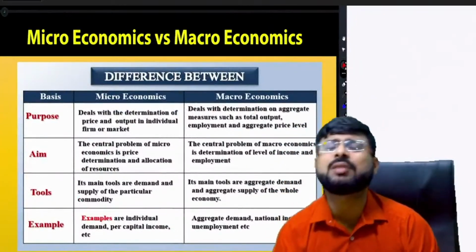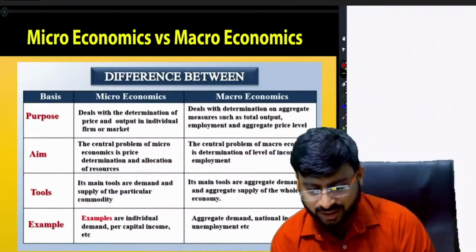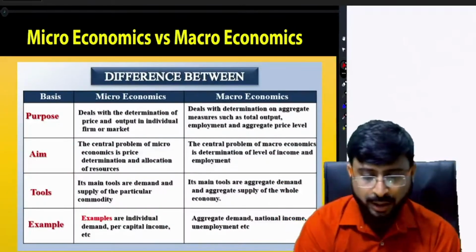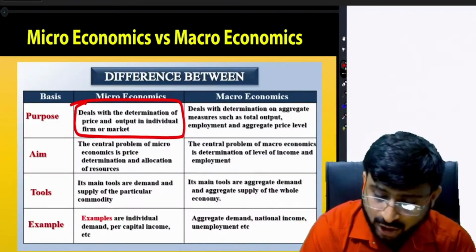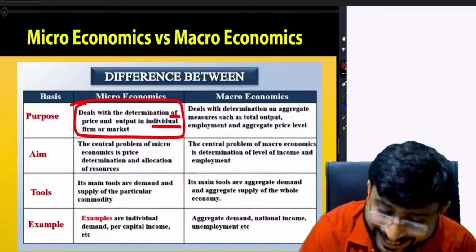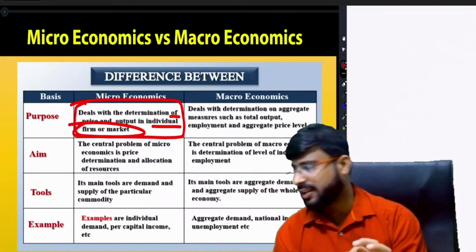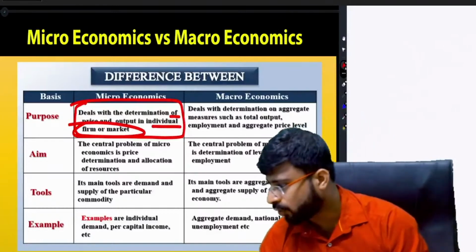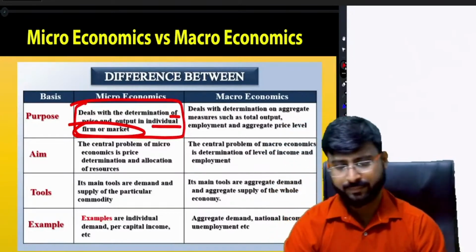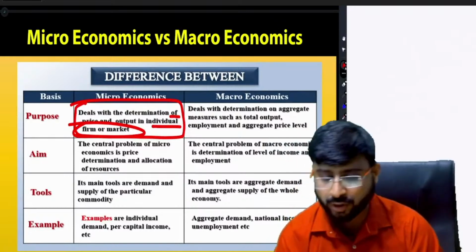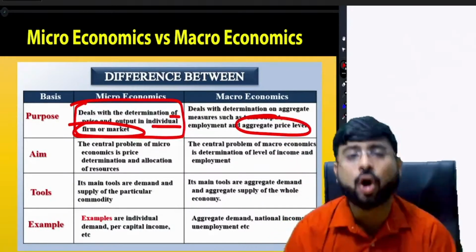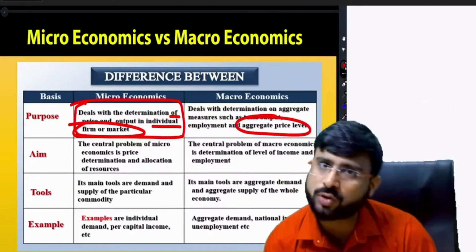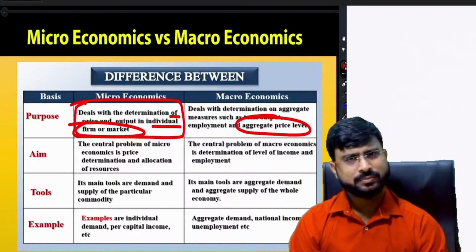Though differences will not come directly in your exam, still here is a note on the same. Microeconomics deals with determination of prices and outputs in individual firms or markets. As I have told you, micro focuses on the individual. What does macro focus on? Macro focuses on aggregate or total.